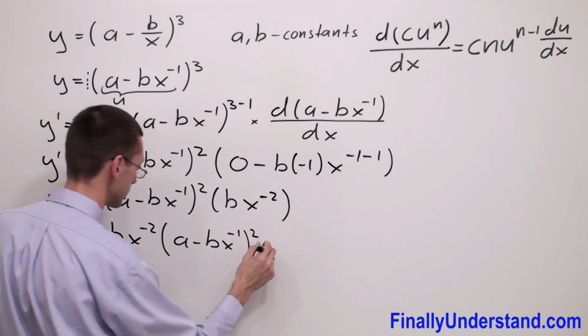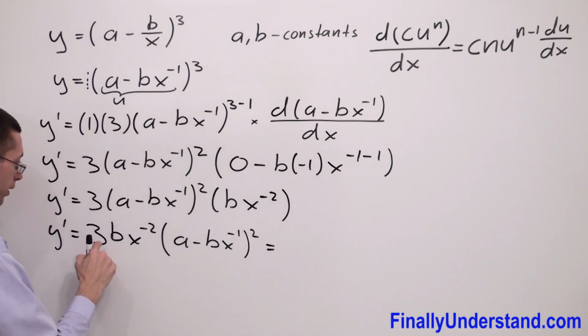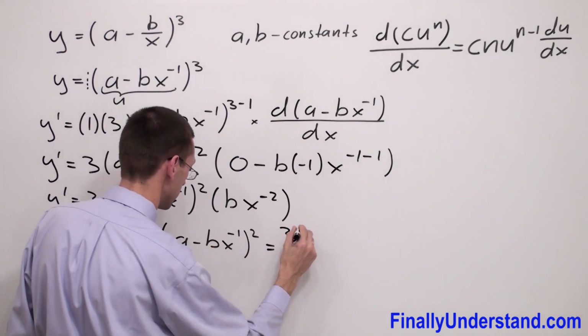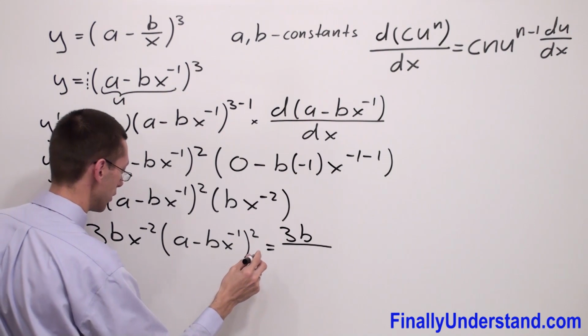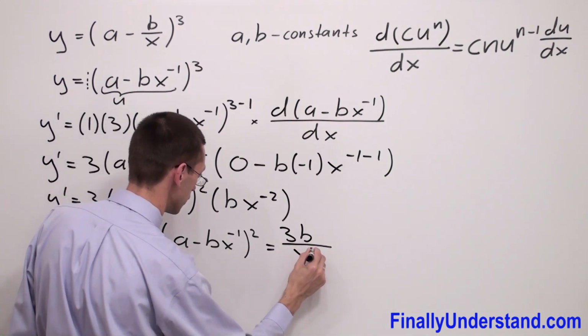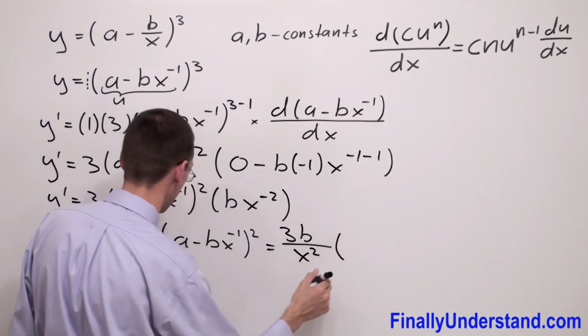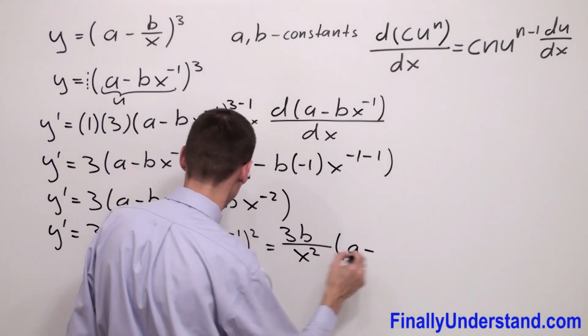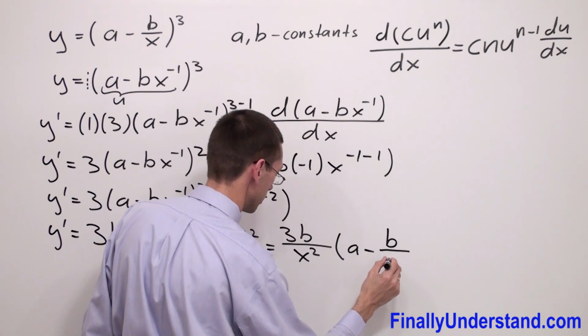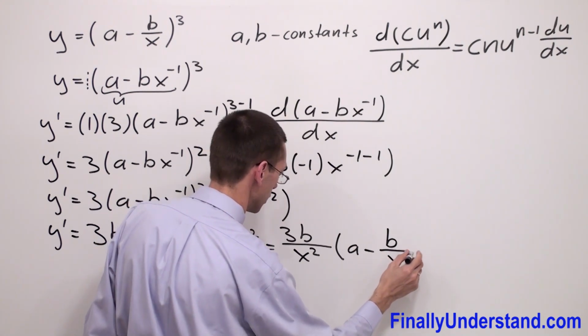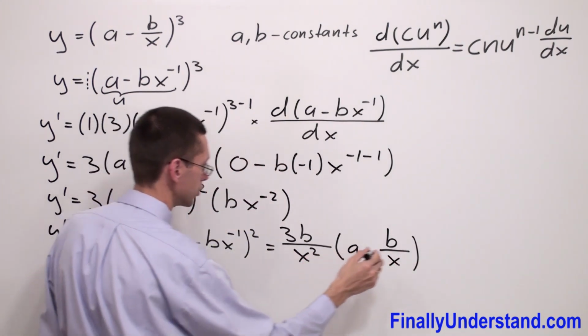You can rewrite this as 3b over x to the second power times (a minus b over x), and everything is raised to the second power.